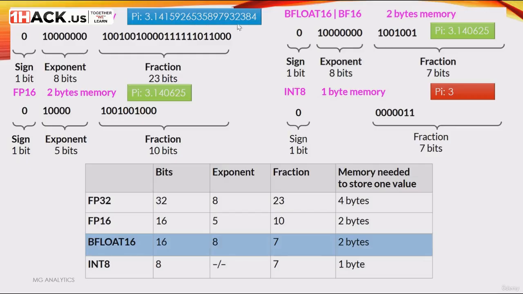The rest of the information is lost. Now, instead of BF16, if you use FP16, you will be able to save 10 bits of fraction. And if you use int 8, you will be able to save only this much. So basically you will have 7 bits saved and only one sign bit. So a lot of information will be lost.